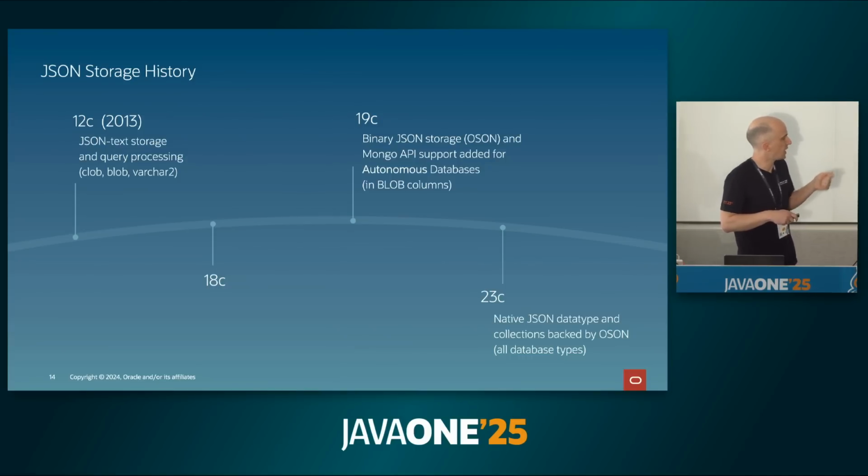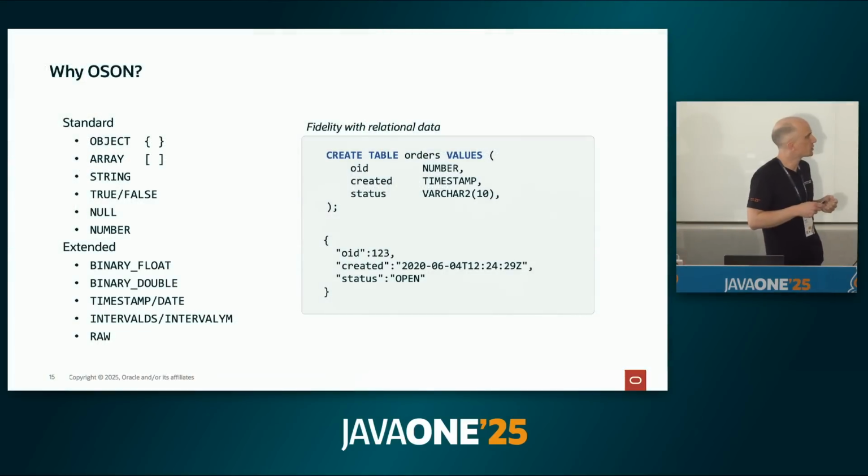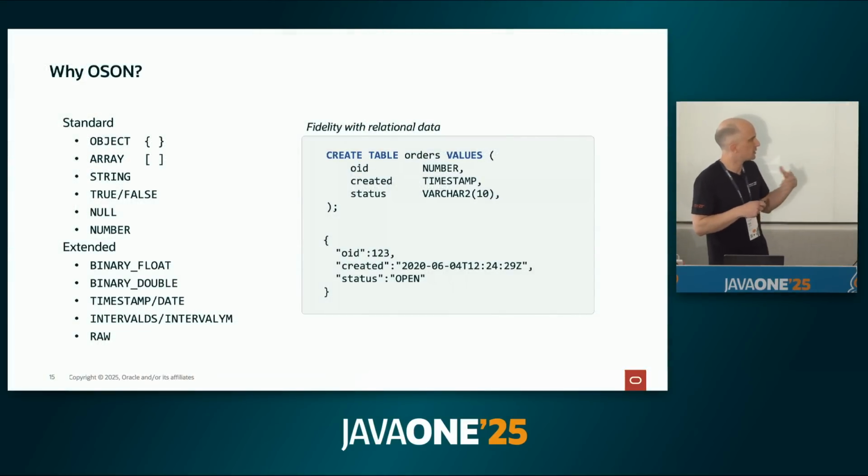Now, the next couple of slides are going to explain why we did that. The first reason we added this binary encoding is to extend the type system. JSON only has a very simple set of types: string, number, true, false, and null. And we added floating point numbers, timestamps, intervals, and raw values.